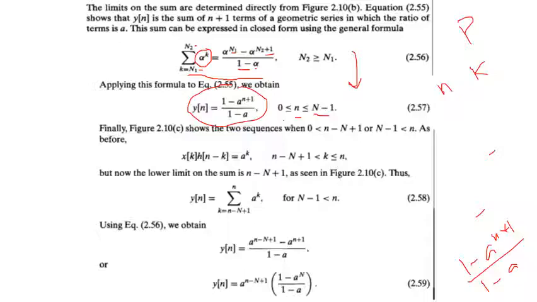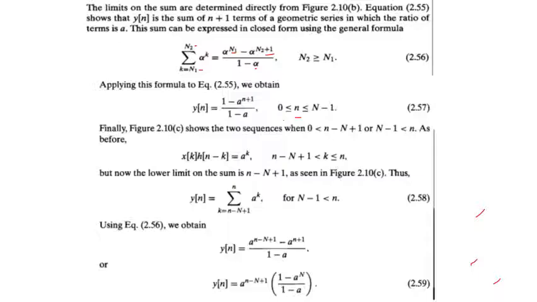So let me wrap this up and let's move on to the next interval. Finally, 2.10. If you see the second figure, it shows two sequences. In that sequence we saw that there is full overlapping. Okay, so we have n minus 1.